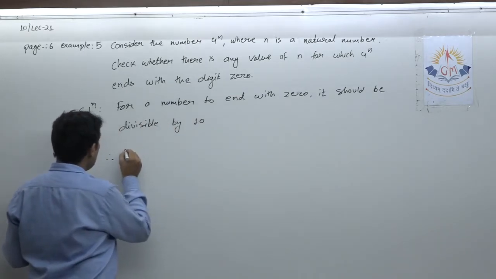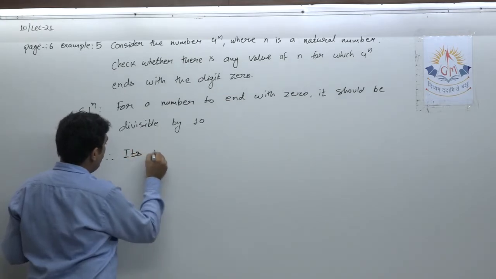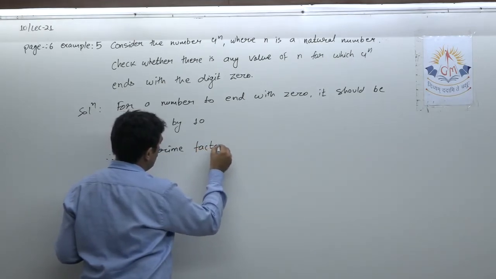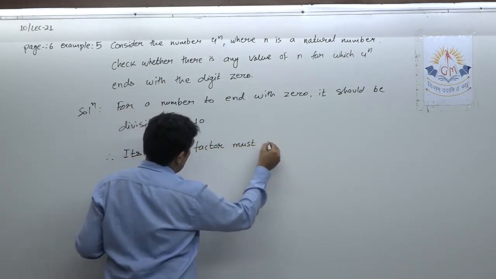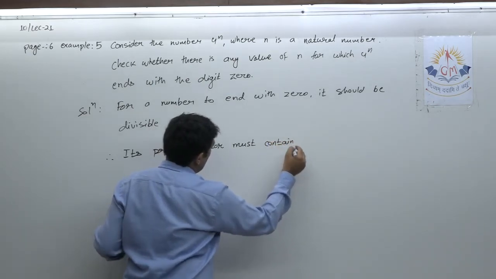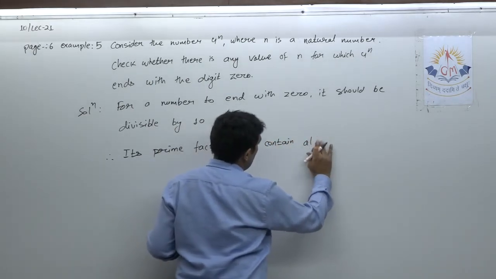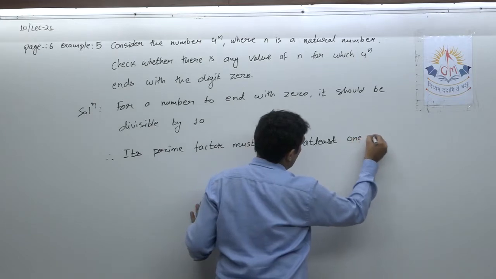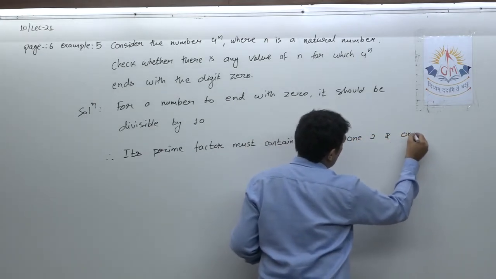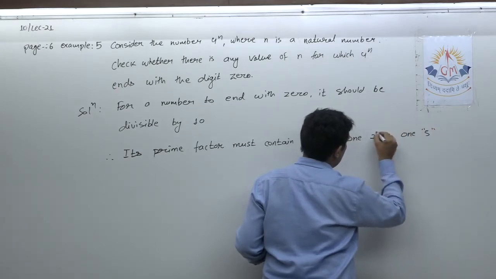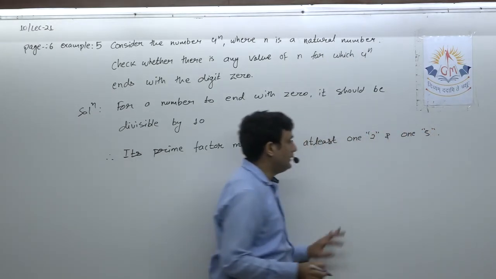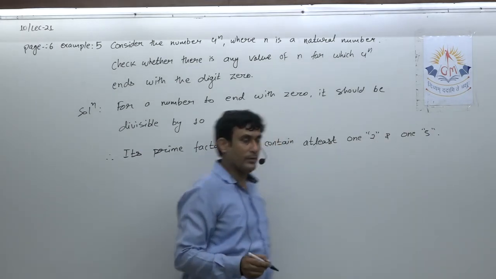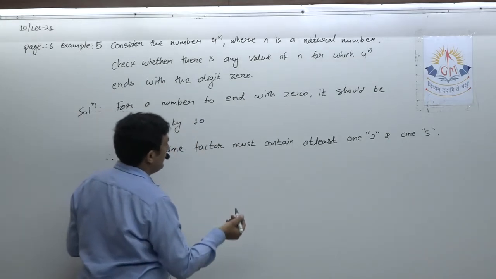Therefore its prime factors must contain at least one 2 and one 5. When we find the prime factors of that number, they should contain one 2 and one 5, then and only then it is possible that it will be divisible by 10.